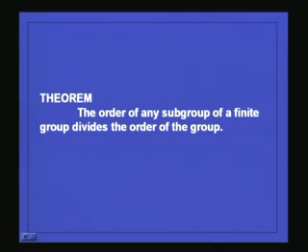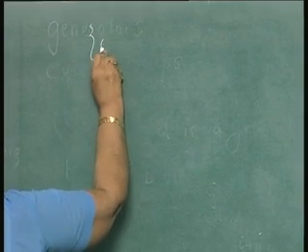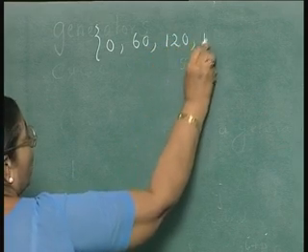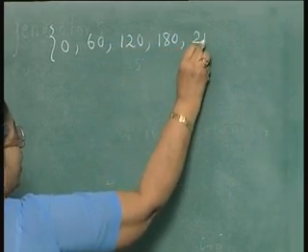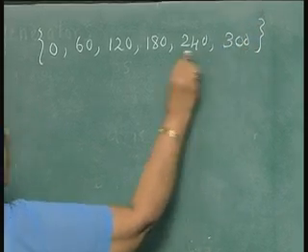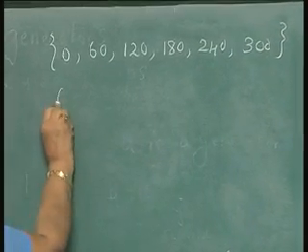Let us take the example of the rotation again. You have 0, 60, 120, 180, 240, 300. What is the order of the group?